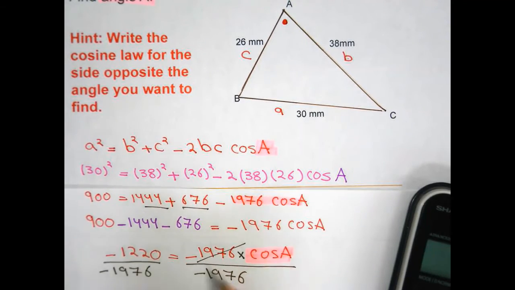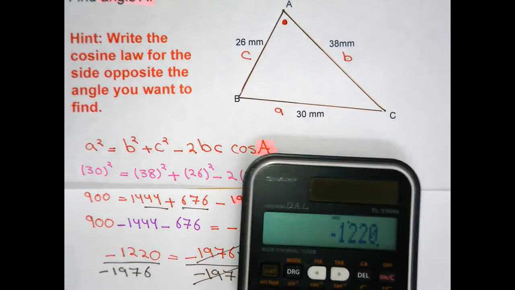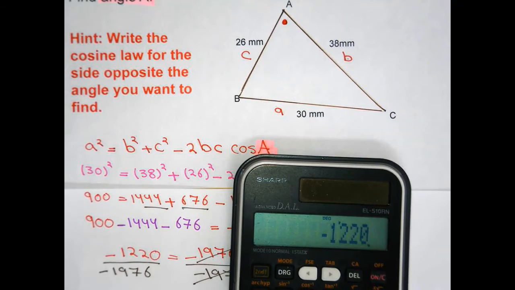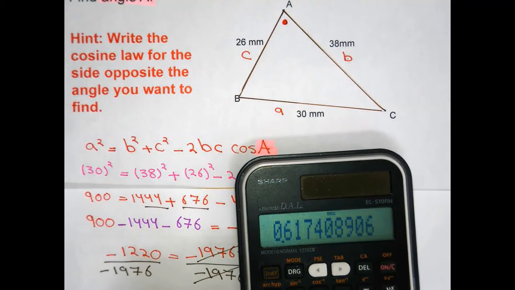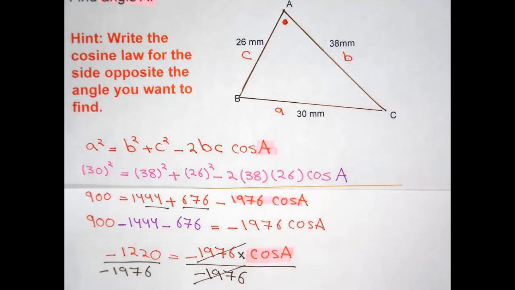Now these two cancel each other. So this divided by negative 1976 is 0.617. 0.617 equals cosine A.